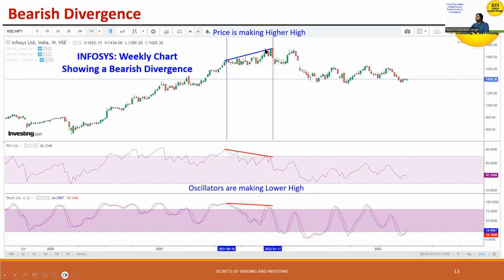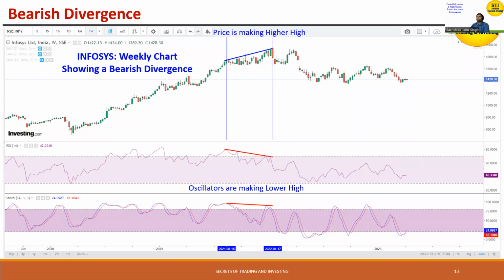That was a time when the price was around 1900 or so, and after this divergence it started falling down and went to somewhere closer to 1200. So from 1950 to around 1200, a 750 rupee correction has happened so far.